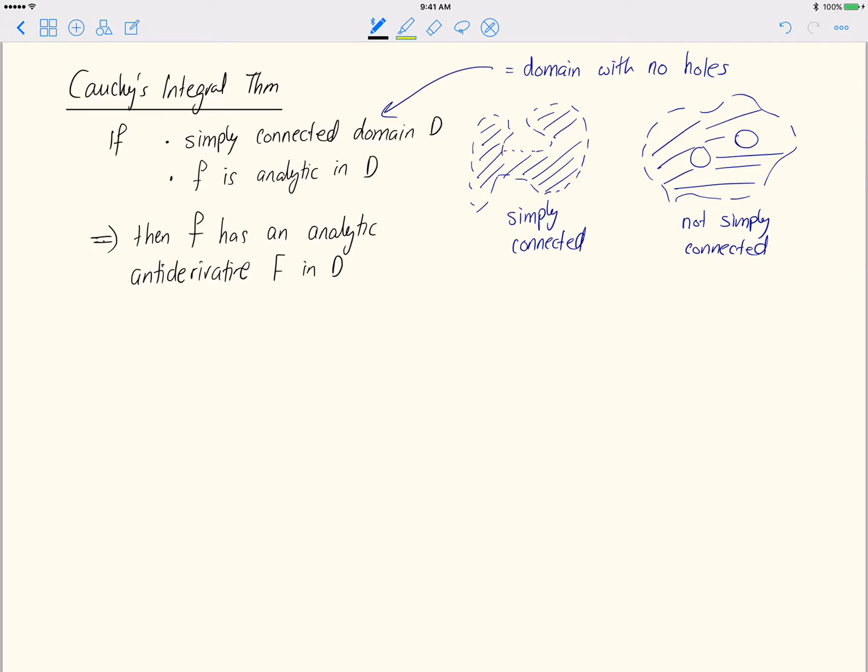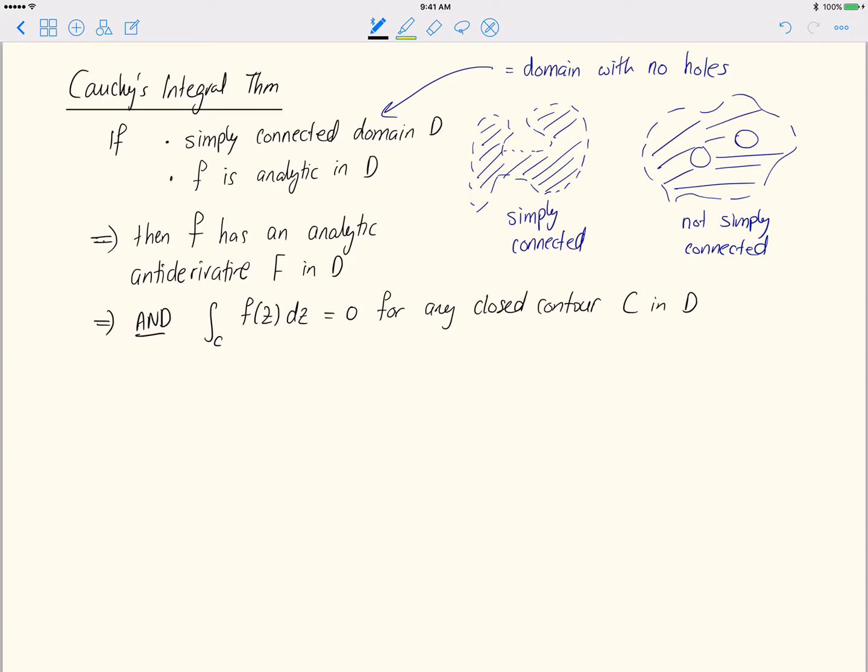The second conclusion, which is the main conclusion, and a conclusion which usually people are referring to when they mention Cauchy's integral theorem, is that the integral along C of the function f is equal to 0 for any closed contour C in D, right?